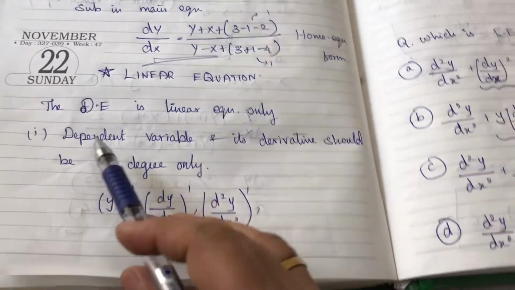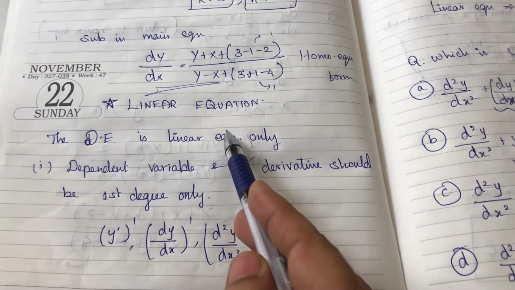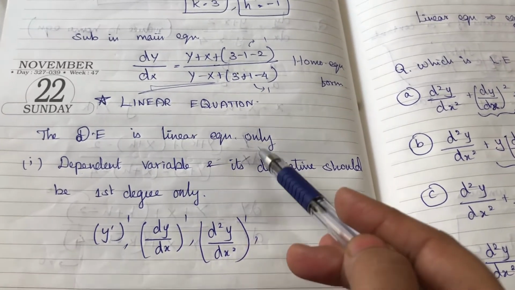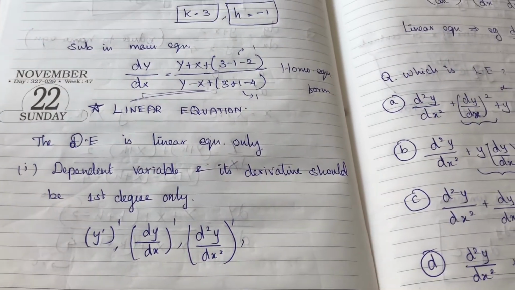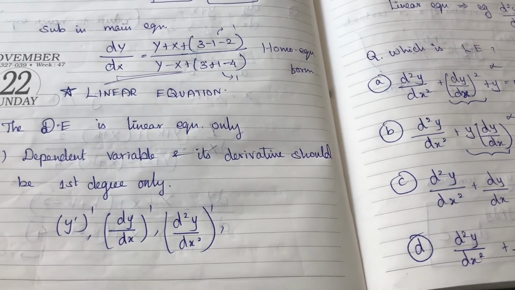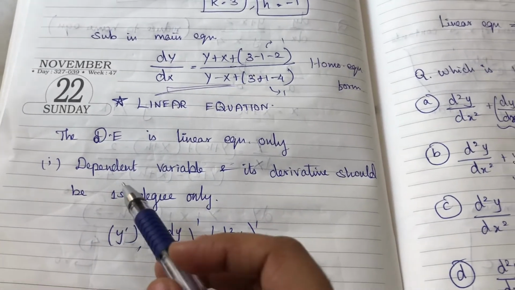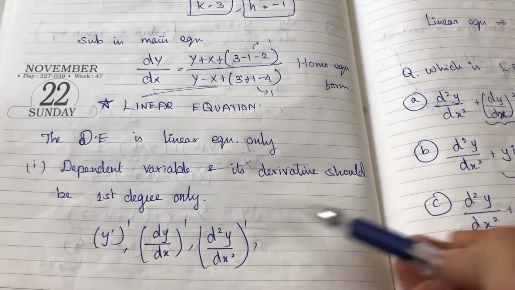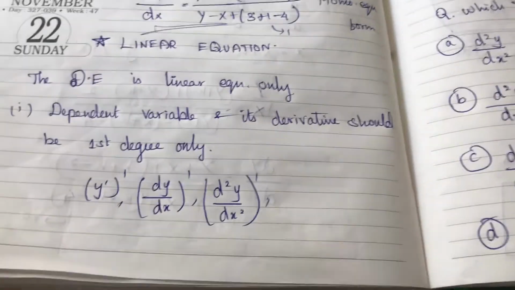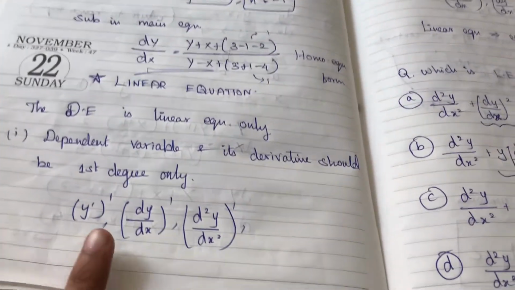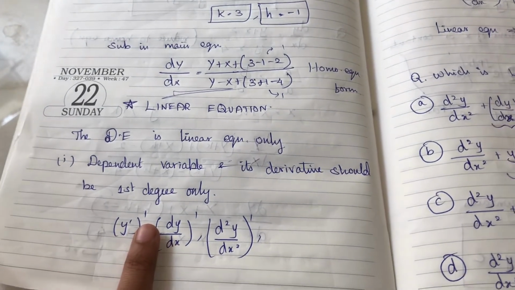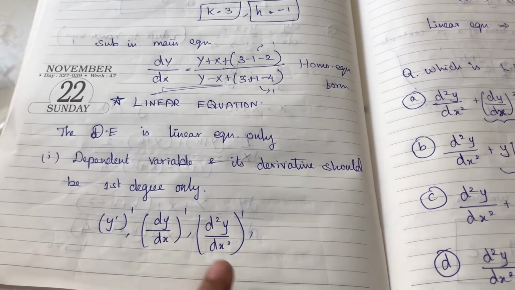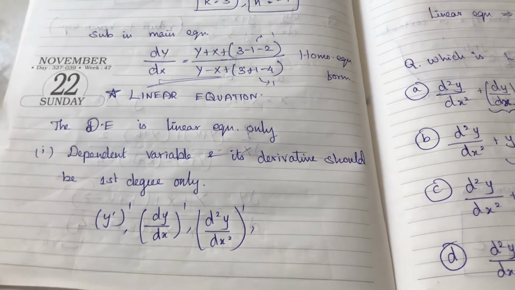What is this? If it is said to be a linear equation, it means the differential equation is linear. It should satisfy only two conditions. The dependent variable and its derivatives should be of first degree only. You can see here y dash has only 1 degree, dy by dx only 1 degree, d square y by dx square only 1 degree.